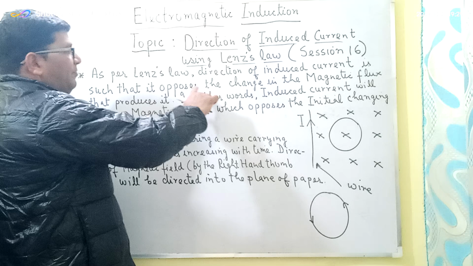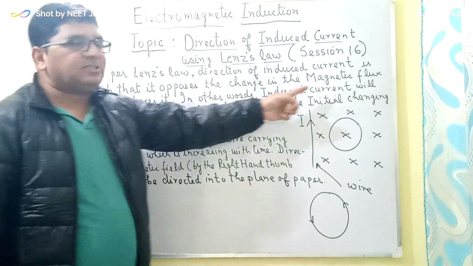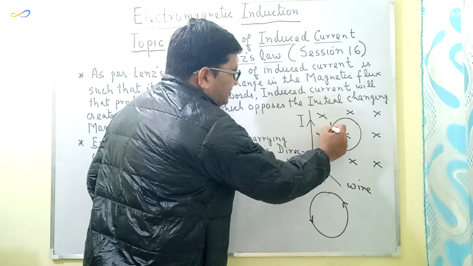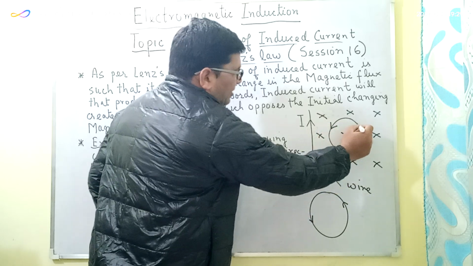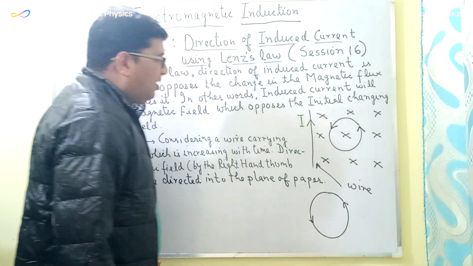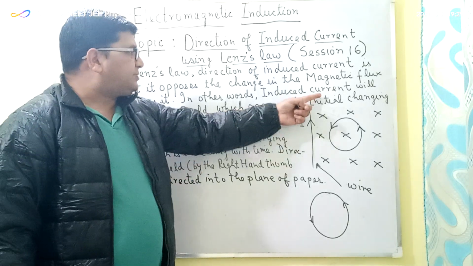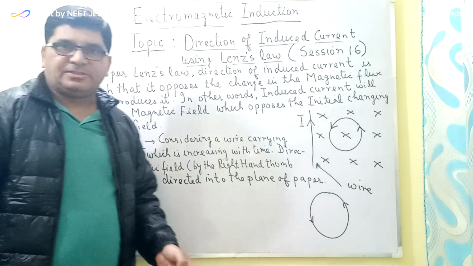So in this way, it will be able to oppose the change in the magnetic flux. So in this case, the direction of the induced current will be anti-clockwise. This is how we find the direction of the induced current by using the Lenz law.